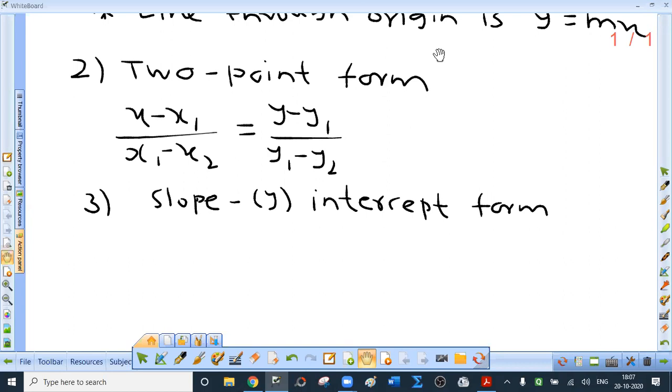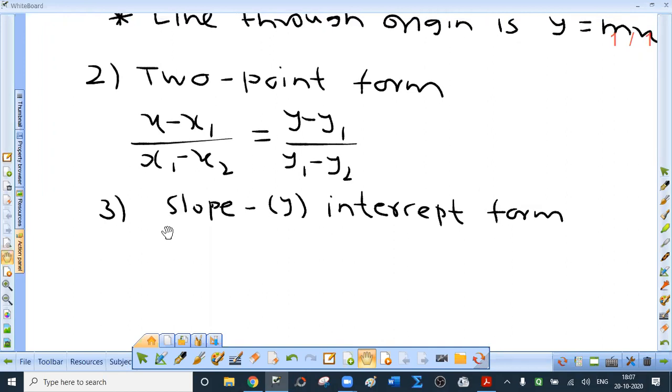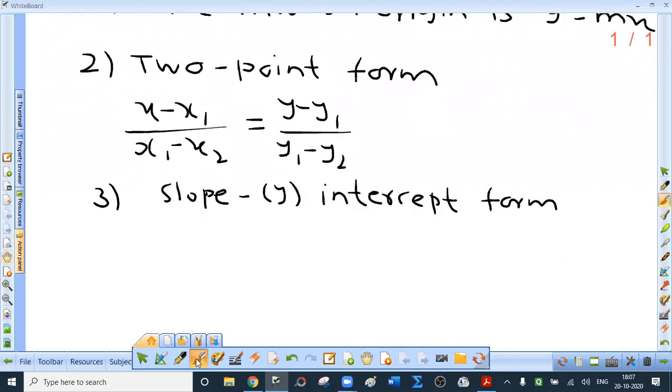Equation of a line having slope m and y-intercept c is y equal to mx plus c.